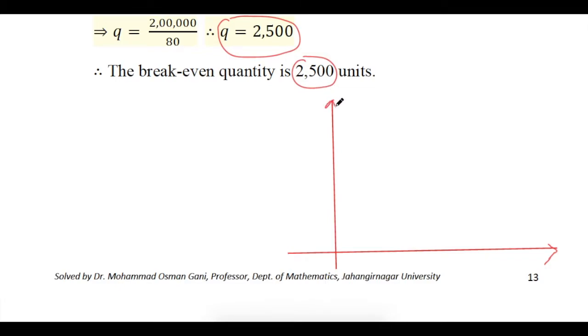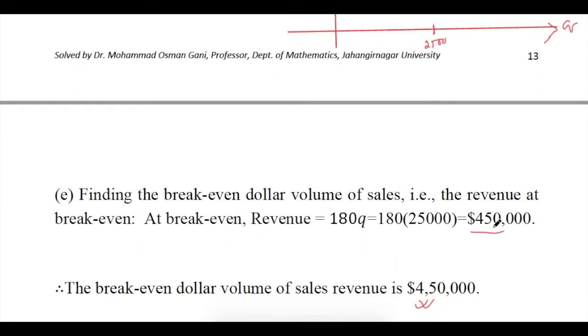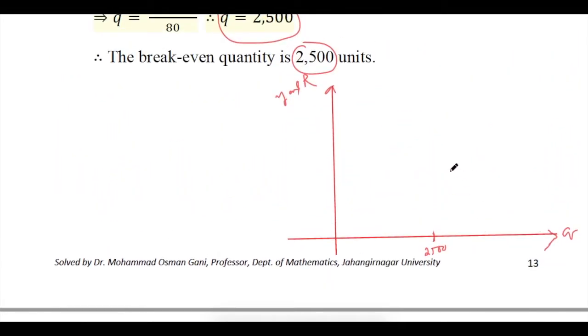This is our y-axis, and on the x-axis is the number of units, with break-even quantity 2500. So let's say 2500 is here, and the break-even point will have x coordinate 2500 and y coordinate 450,000, so let's say 450,000 is here.